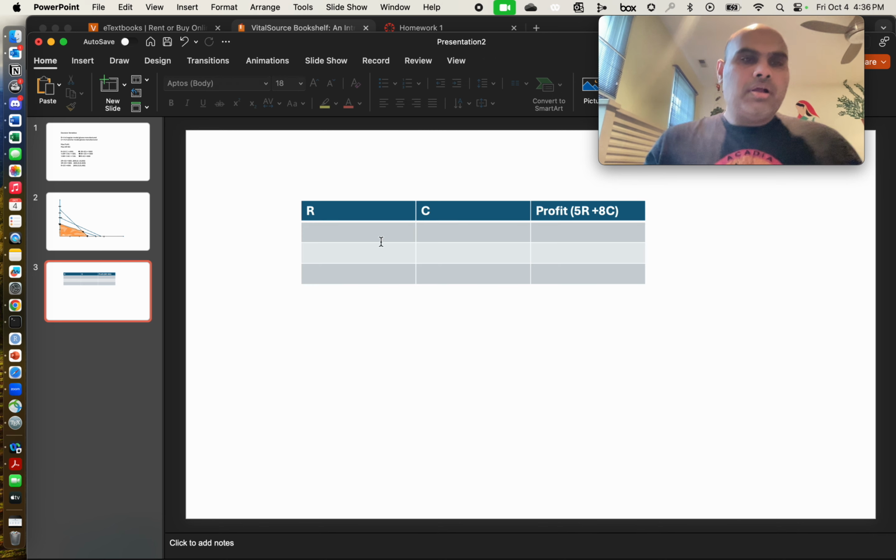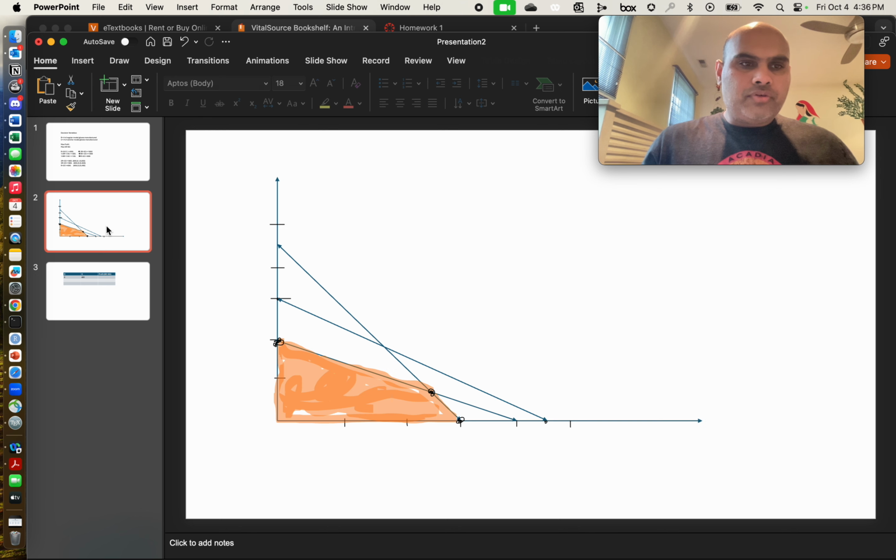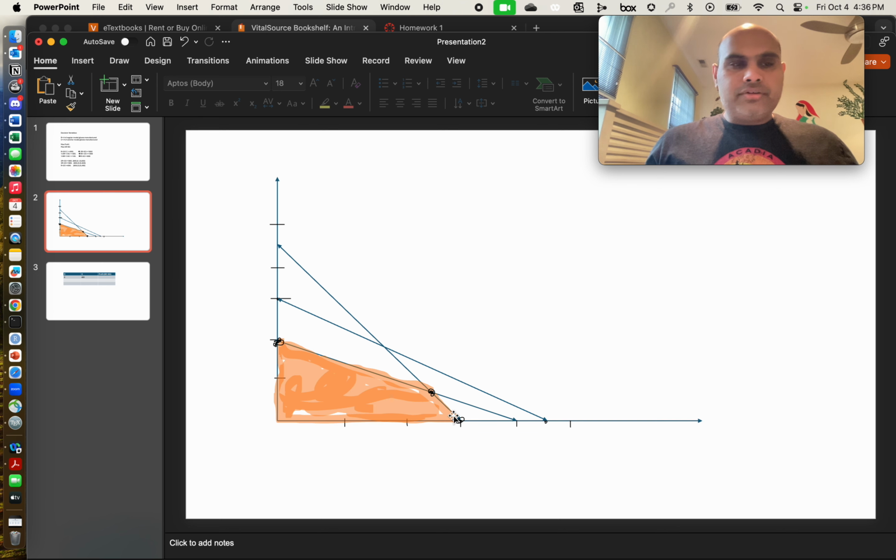Okay, so 400 comma 0 was one of the points. 0 400 is right there, right? And the other endpoint is right here, 600 comma 0.